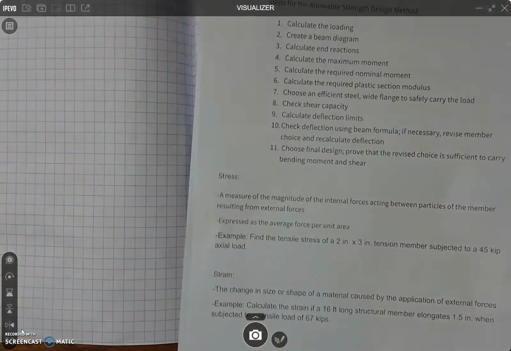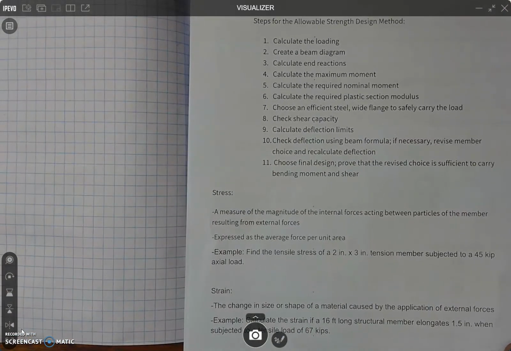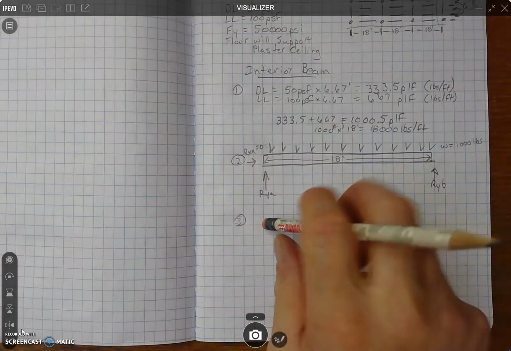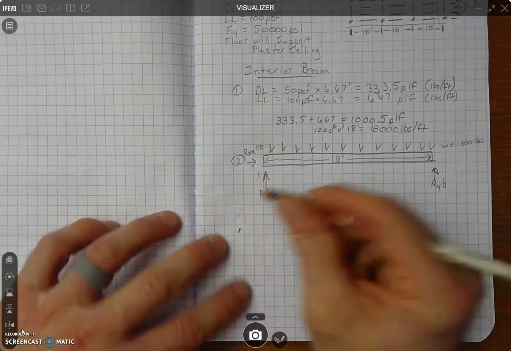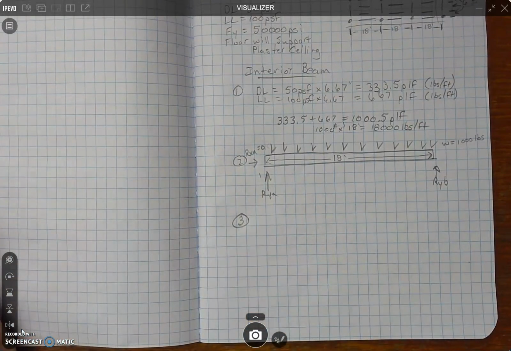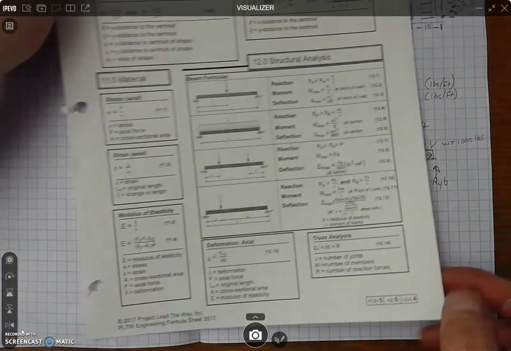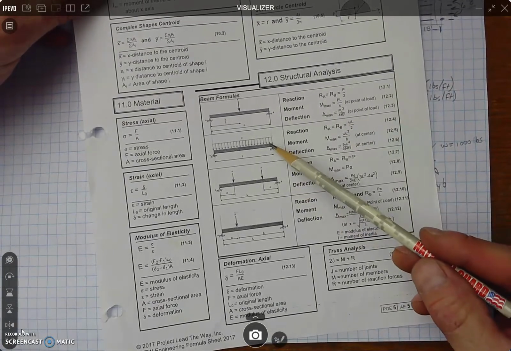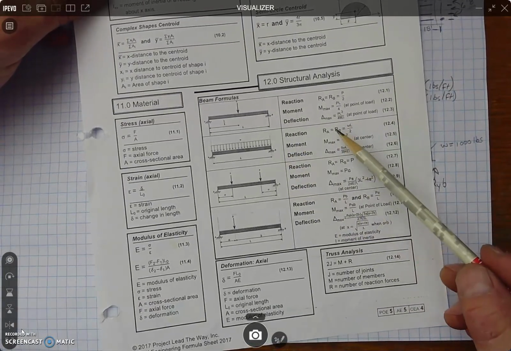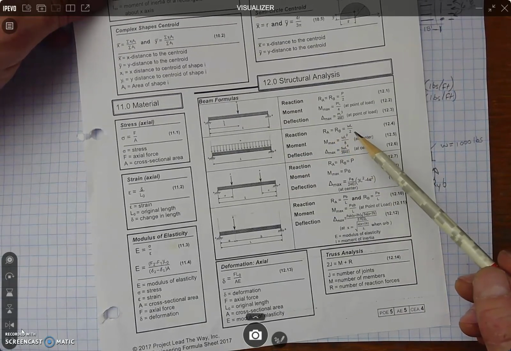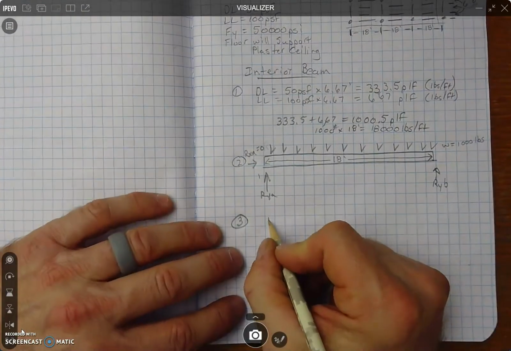Number three for us is calculate the end reactions and calculate the maximum moment. I'm going to go 3 and 4, or maybe I'll do them separately. 3, end reactions. Remember, we boiled down our end reactions to these formulas. Well, we're in a uniform load beam, so RYA equals RYB equals WL over 2. So I'm going to write that here.